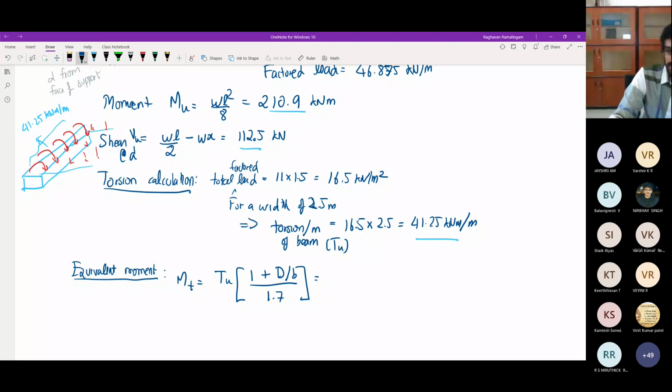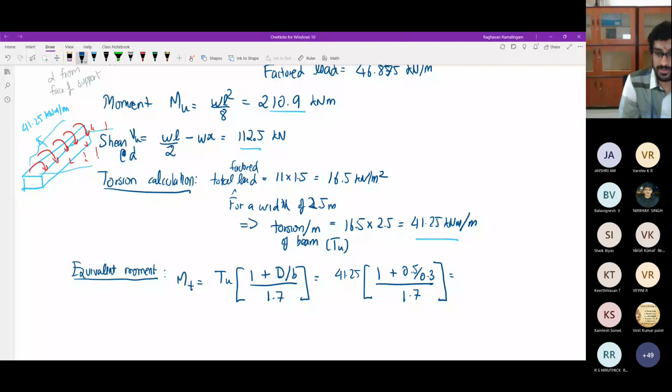Okay, this torsion is 41.25. 1 plus D, I said, is 0.5. We don't know yet, we're going to find the depth, but I think capital D 0.5 should be sufficient. So divided by breadth, 0.3, by 1.7.